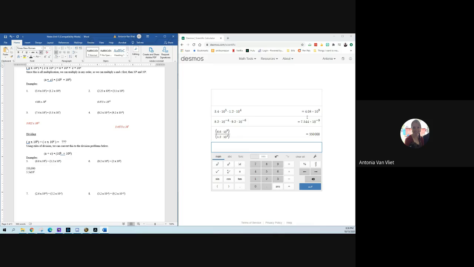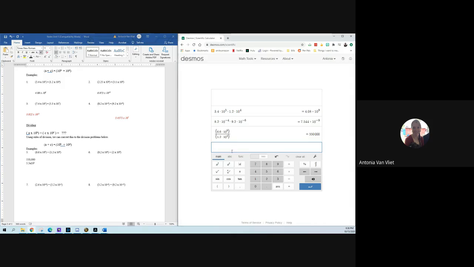All right, so let's try one more here. Let's take a look at number 8 in this one. So another thing you can do is Desmos does have a fraction operator over here, so you can just click that, and then we can type the top number. So then what would be the numerator? 3.2 times 10 to the negative fourth.